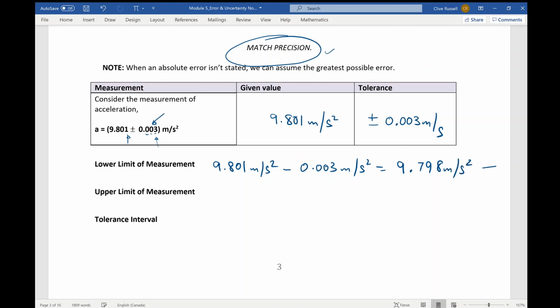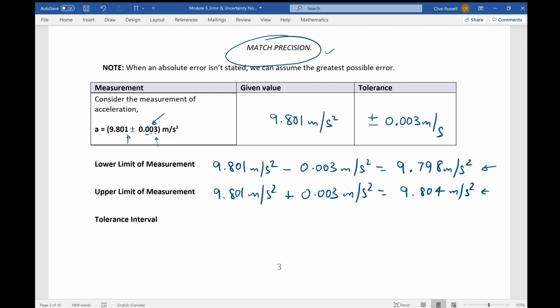That is the lower limit of our measurements. The upper limit is the 9.801 meters per second squared plus the 0.003 meters per second squared. That gives me 9.804 meters per second squared. So our measured value is 9.801, but it could be between the lower limit of 9.798 and the upper limit of 9.804 meters per second squared.